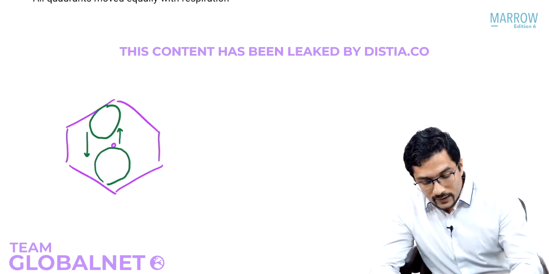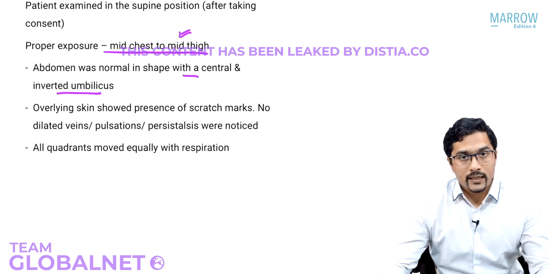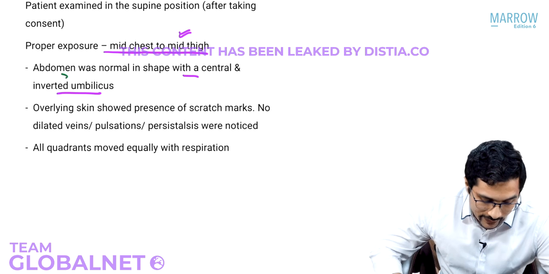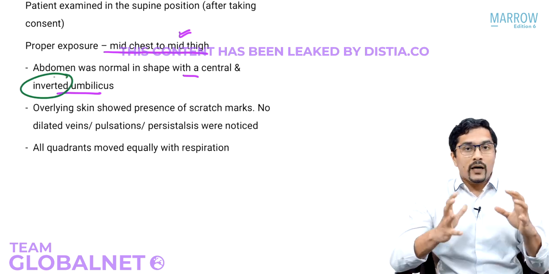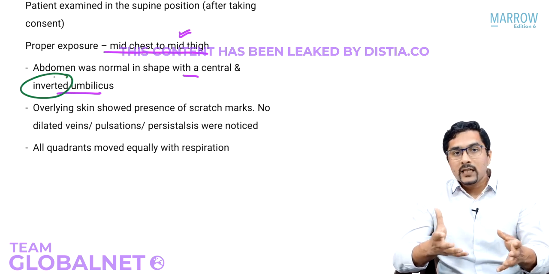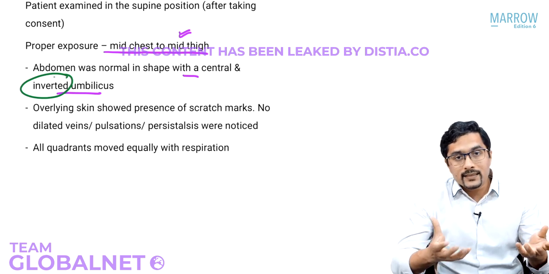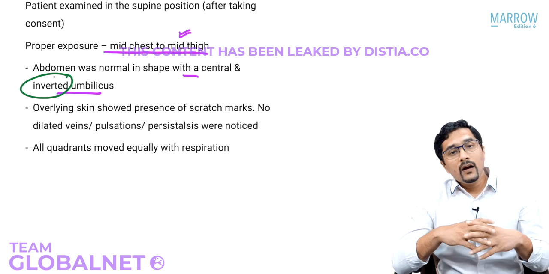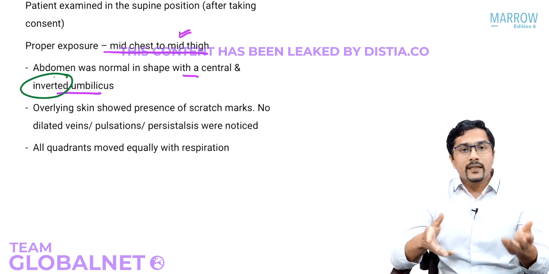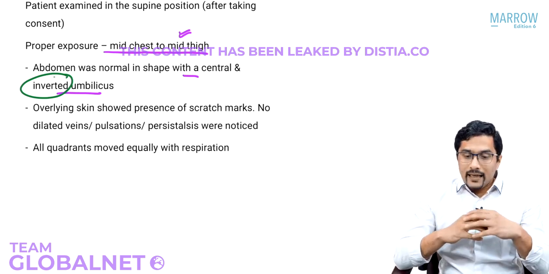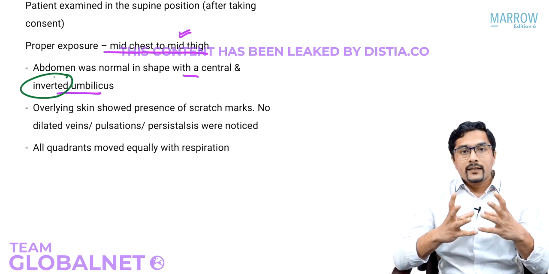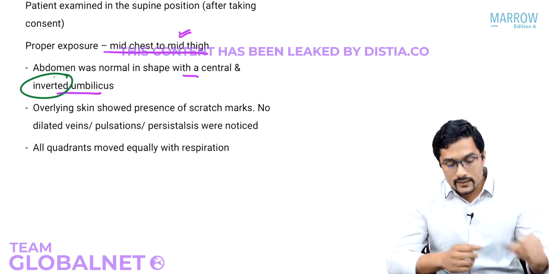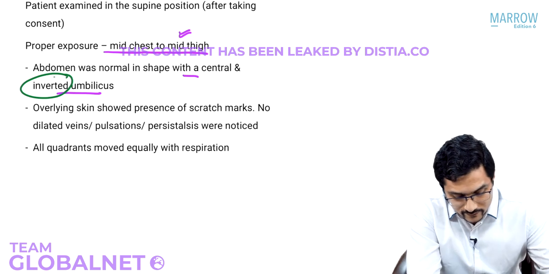So the position of the umbilicus is important for us to document. And inverted umbilicus is important because if you have raised intra-abdominal pressure or tense ascites, then there can be eversion of the umbilicus, as you must have seen in some liver cell failure cases.